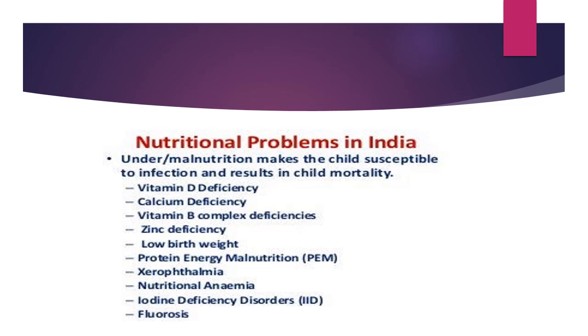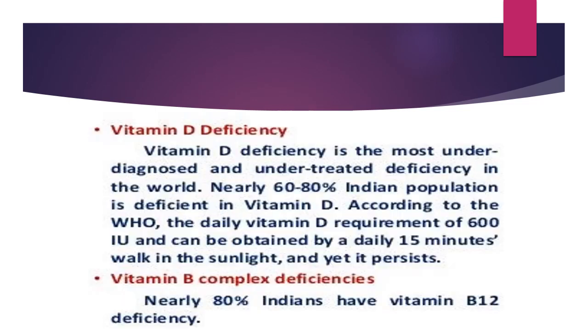The major nutritional problems suffered by Indians are vitamin D deficiency, calcium deficiency, vitamin B complex deficiency, zinc deficiency, low birth weight, protein energy malnutrition, xerophthalmia, nutritional anemia, iodine deficiency disorder and fluorosis. We'll discuss them one by one.